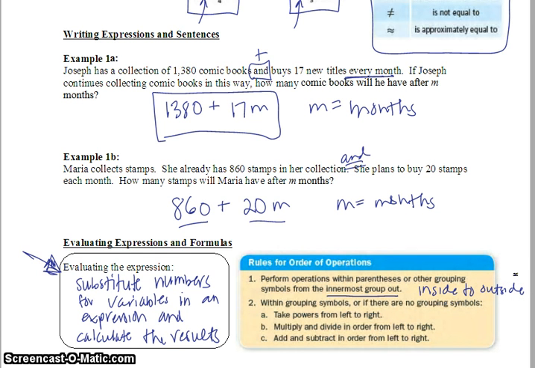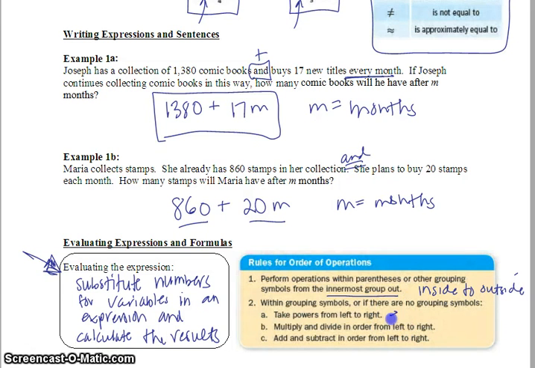The next rule that you need to remember is you must take powers from left to right, multiply and divide in order from left to right, and add and subtract in order from left to right. It's just like reading a book. You always go from left to right.